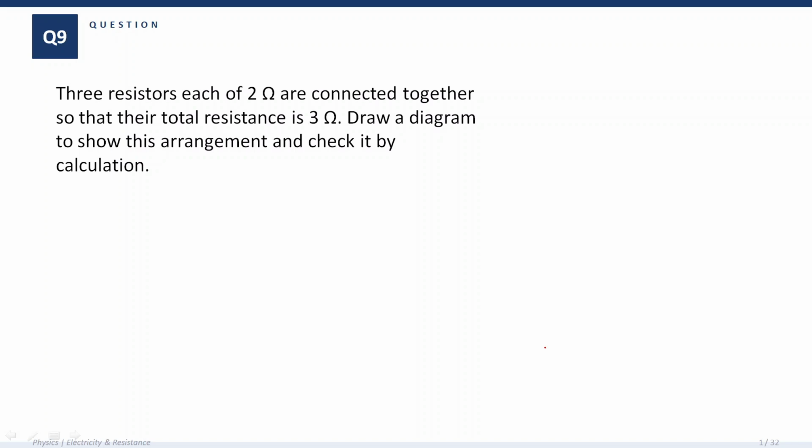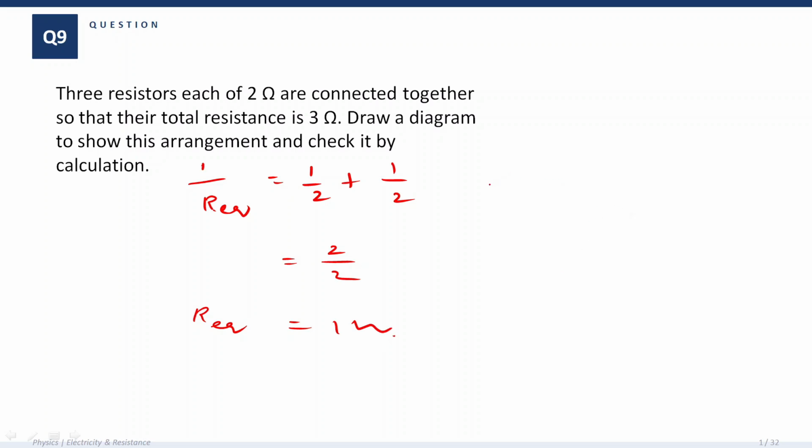So is this also arranged in parallel to each other? No, this is not. 2 are arranged in parallel, and with the last one you will get series. You will get here 2 by 2, then R equivalent equal to 1 ohm.